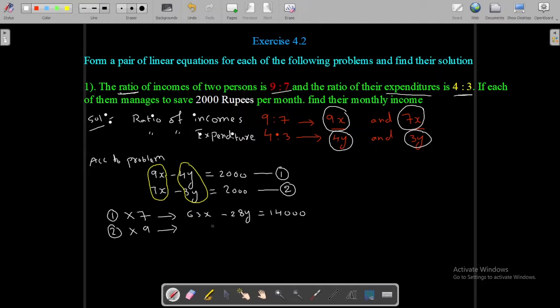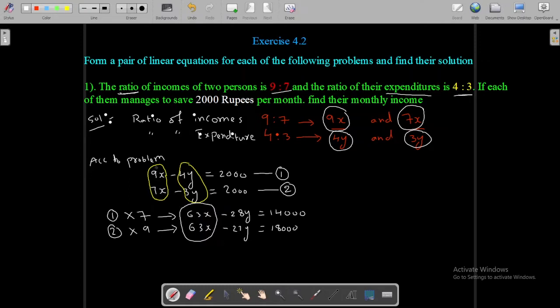Why am I taking 9 here? As I said before, I have to make one of the values of x equal. Okay, so now our x is becoming equal. So I will get 27y is equal to 18,000.